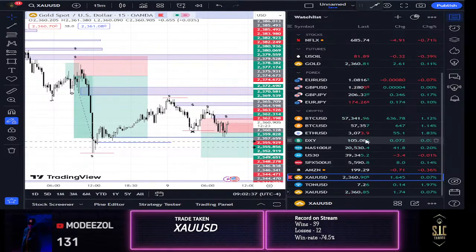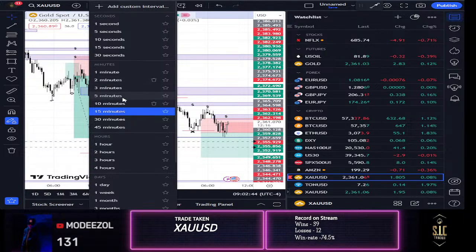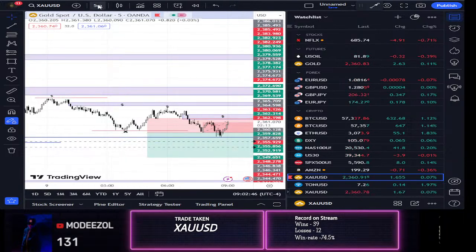I'm watching DXY price right here and paying attention to what's happening. Now I'll be going down to a lower time frame.